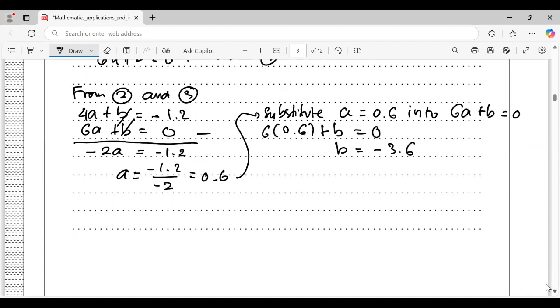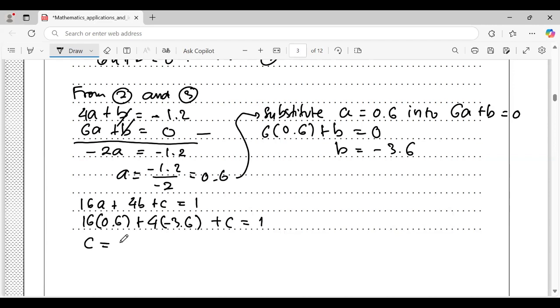Just substitute a and b into this equation, 16a plus 4b plus c equals 1. If a equals 0.6 and b equals minus 3.6, then 16 times 0.6 minus 4 times 3.6 plus c equals 1.